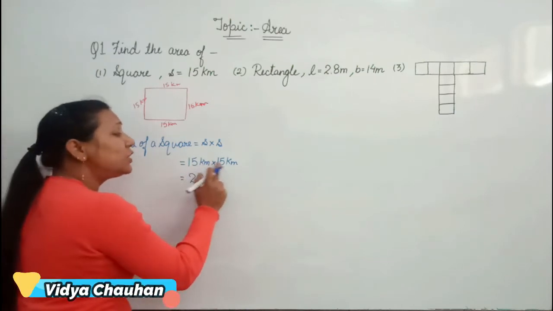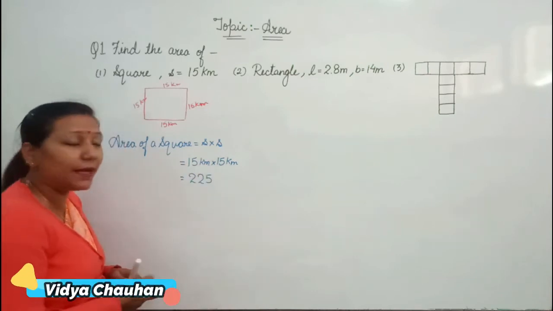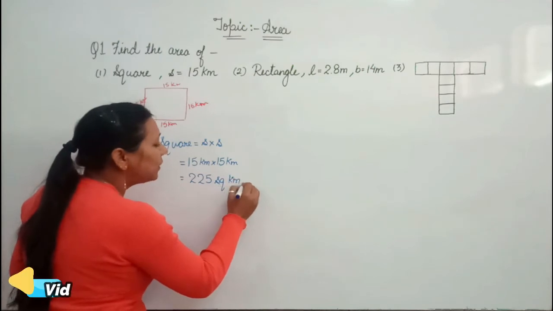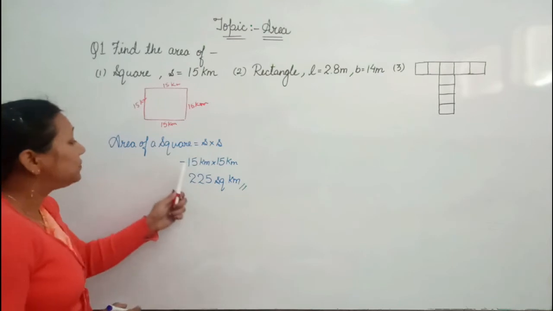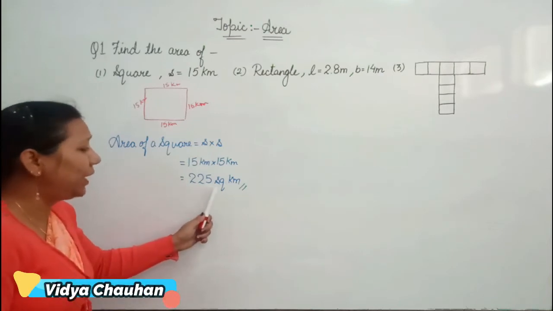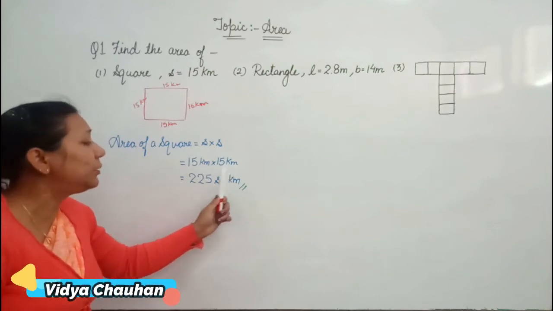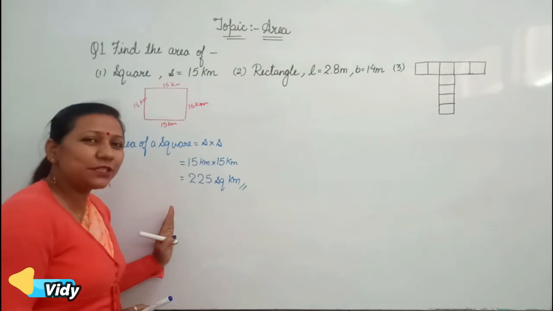Now kilometer into kilometer, because kilometer and kilometer are also going to multiply, so it will become square kilometer. So the area of the square is 225 square kilometer. I hope this first solution is clear.